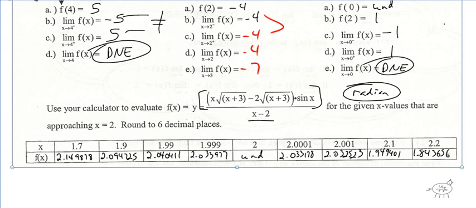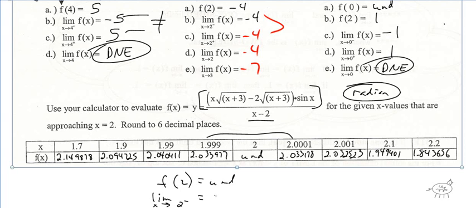Okay, so let's just look at this now. I know these values are very similar, the 1.99 and the 1.999 and 2.0001. If I said, what's f of 2? You guys would say, oh, I'm there. It's undefined. What if I said, what's the limit as x approaches 2 from the negative side?